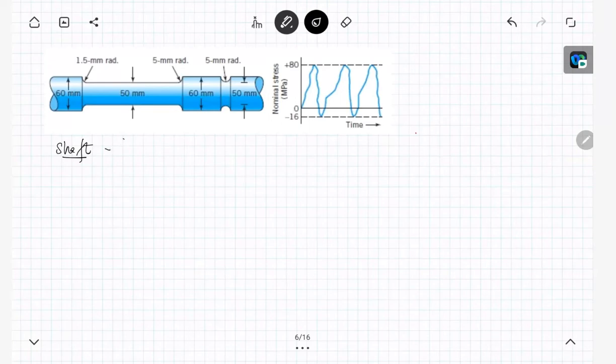Okay. Fluctuates up and down, fluctuating. Nominal stress at the center of 50 millimeter. We are focusing on that 50 millimeter.